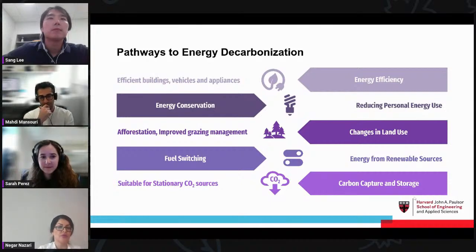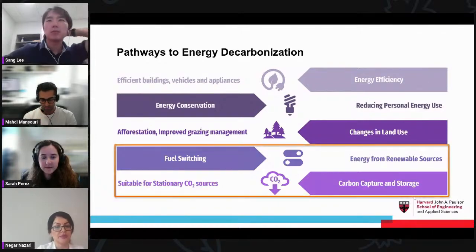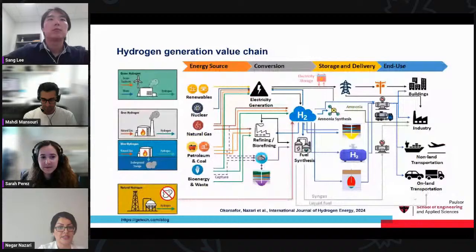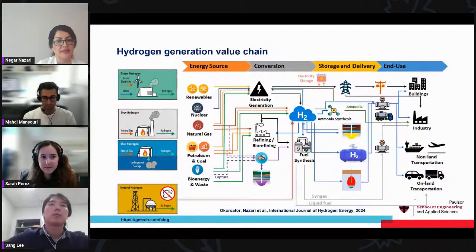And the 2 most important ones are fuel switching and carbon capture and storage. The one that I'm talking about today is fuel switching, which is energy production from hydrogen, a very promising area.